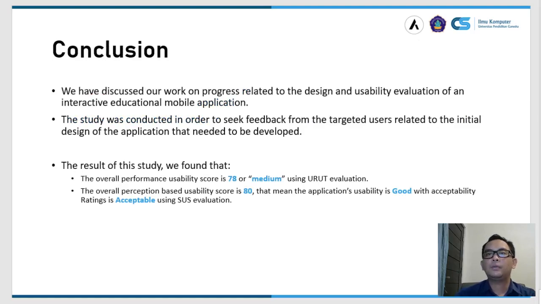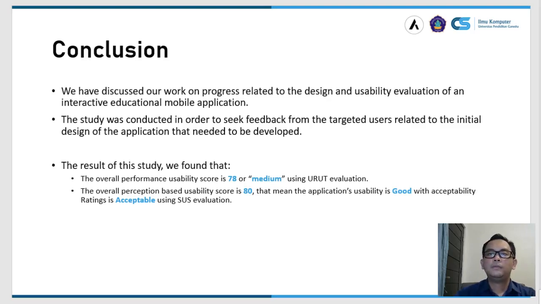In conclusion, we have discussed our work in progress related to the design and usability evaluation of an interactive educational mobile application. The study was conducted in order to seek feedback from the targeted users related to the initial design of the application that needs to be developed.